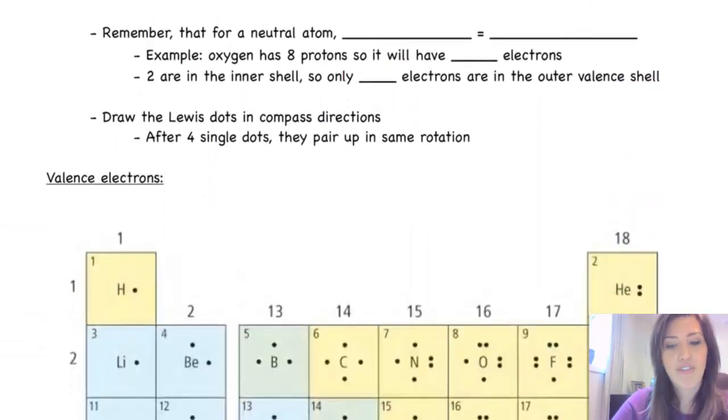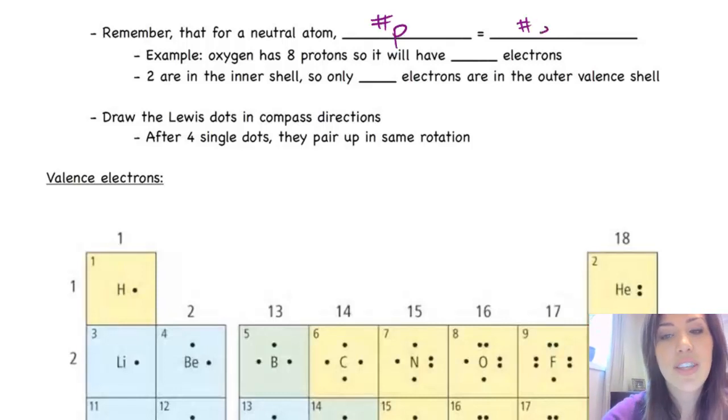So remember that for a neutral atom, the number of protons, and I'm just going to write P here, is equal to the number of electrons. Protons are positive and electrons are negative. So for example, if oxygen has 8 protons, it has 8 electrons. 2 are in the first inner shell, so 8 minus 2 leaves us 6 electrons in the outer valence shell.